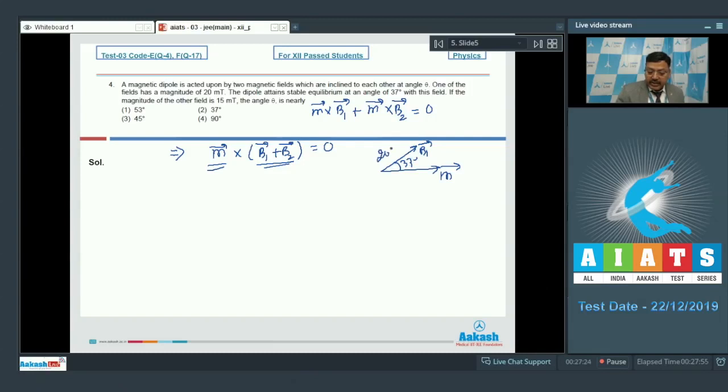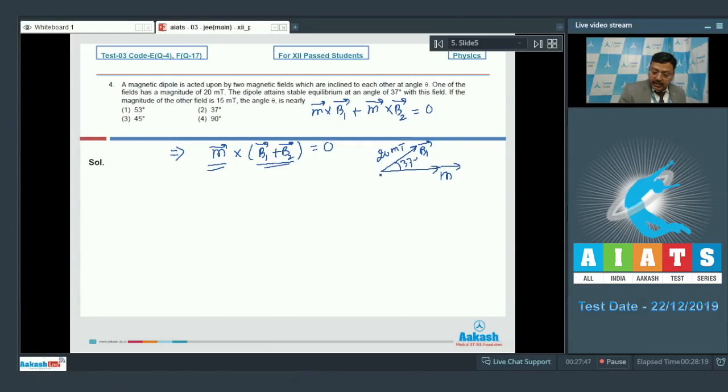This magnitude is 20 millitesla, and M cross B, we can see that is in anti-clockwise sense, right? Is coming outward. So the other field B2 must provide a clockwise torque.